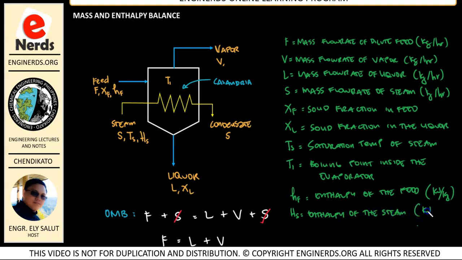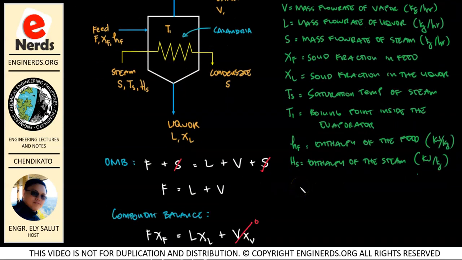This is in kilojoules per kilogram. Okay? And take note that our steam here is saturated, no? So, therefore, itong ating enthalpy of the steam is measured at its saturation temperature. Okay? So, this is at its saturation temperature, no? Okay, so ito nga yun, yung in-indicate natin dito sa ating label.